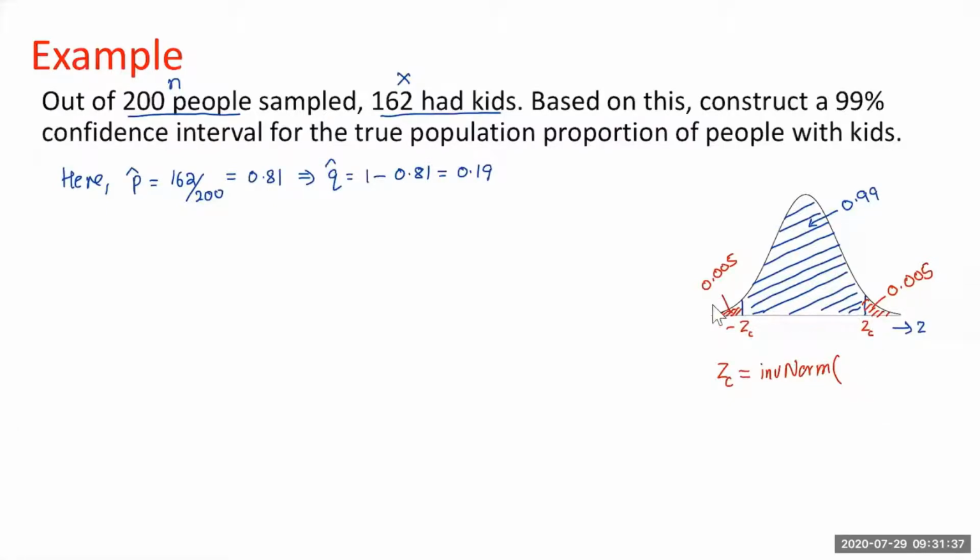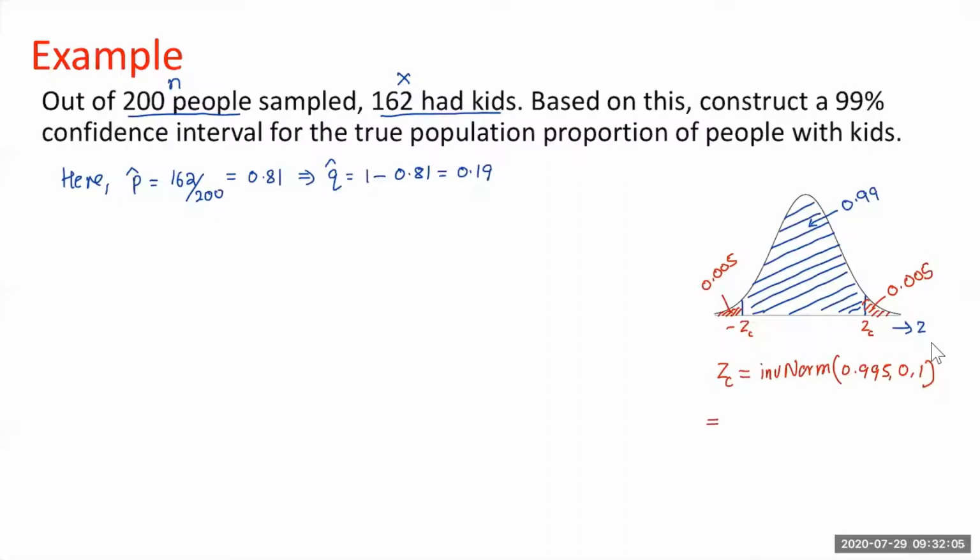The total area to the left of z sub c is 0.99 plus 0.005, or 99.5%, which is the same as 0.995. Mean is 0, standard deviation is 1 for the standard normal distribution, or z distribution.